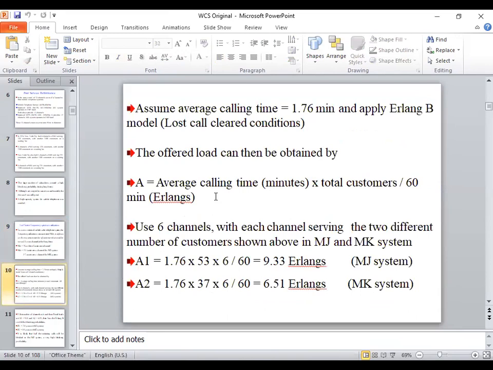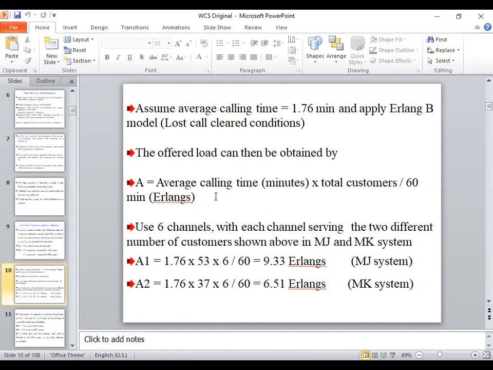Assume, actually now we are assuming that the average calling time is 1.76 minute, and we are applying the Erlang B model.